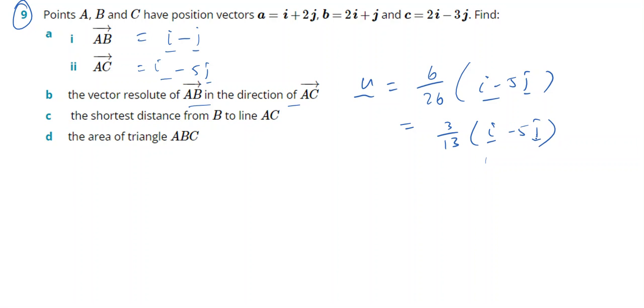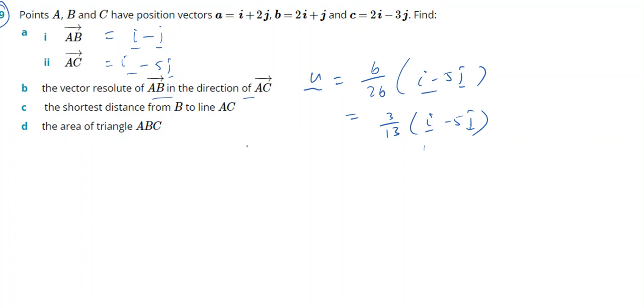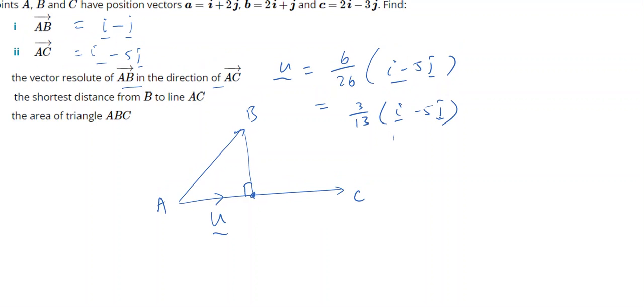Now, we want the shortest distance from the point B to the line AC. So if you draw a diagram, remember we did the vector resolute. This is your AB, and this is your AC. When you do the vector resolute, you're just getting this u value, and that's the point where it's perpendicular.